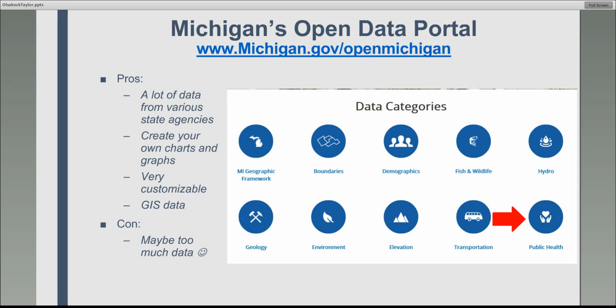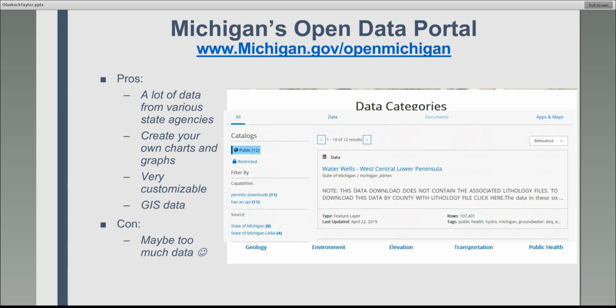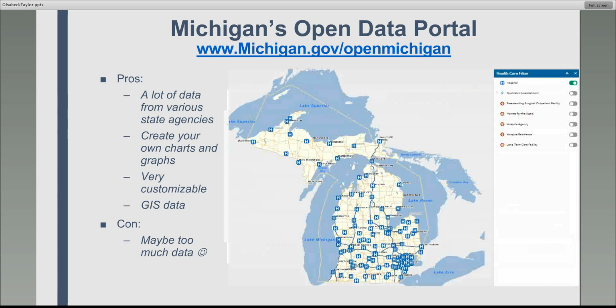So if you click on the public health icon, you'll be taken to a page that looks like this. A lot of these data sources are going to be on wells and wells locations. But for this group, what might be interesting is if you go up to that top right corner, it says Apps and Maps. Click on that, and then you'll see this come up.